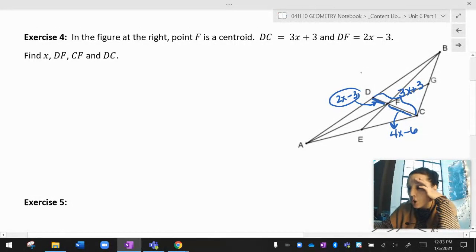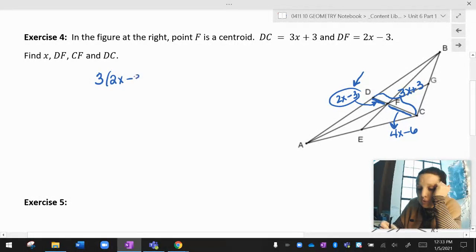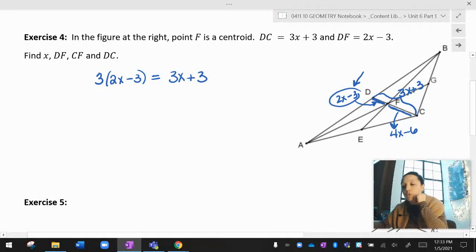Option 2 is, remember that this little part is 1/3 of the whole thing. So I could do 3 times 2x minus 3 and say that that equals the entirety, which is 3x plus 3. Okay? Does not matter which way you do it, you're going to end up with the same equation. All right?